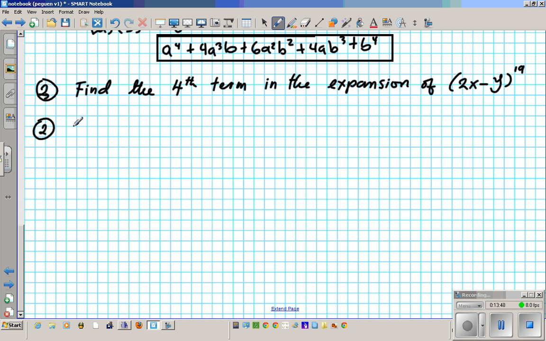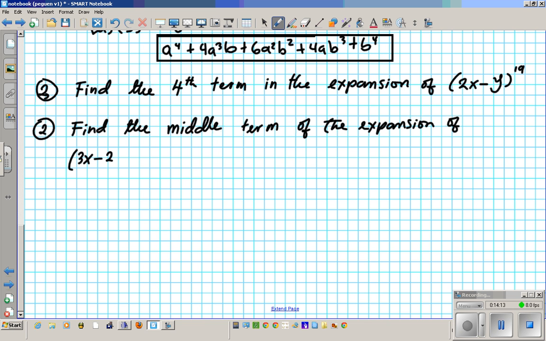This one, find the middle term of the expansion of 3x minus 2y to the 6 using the binomial theorem.